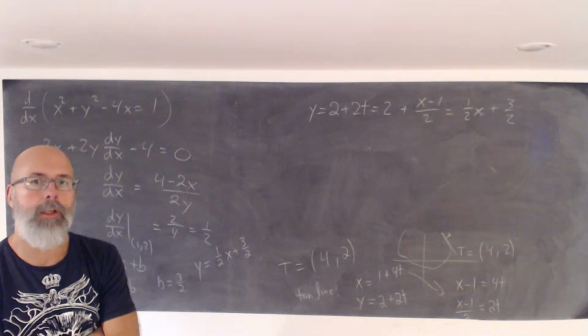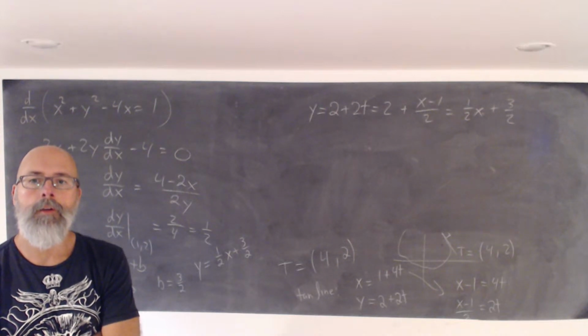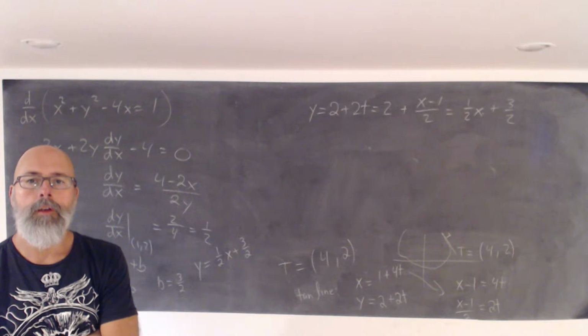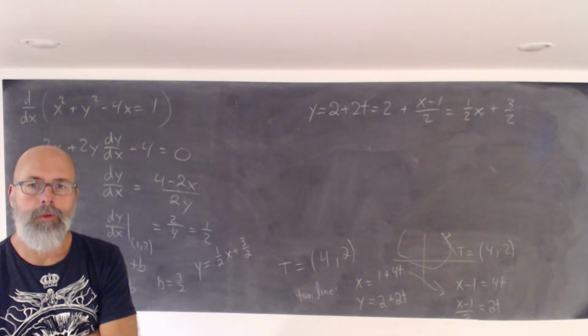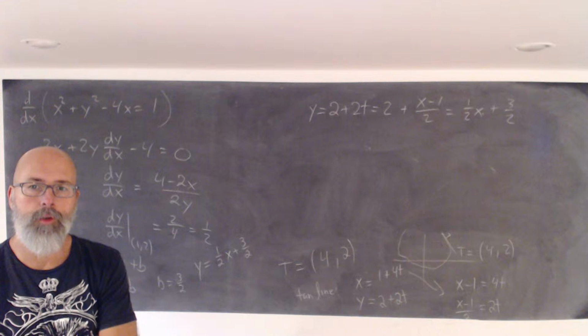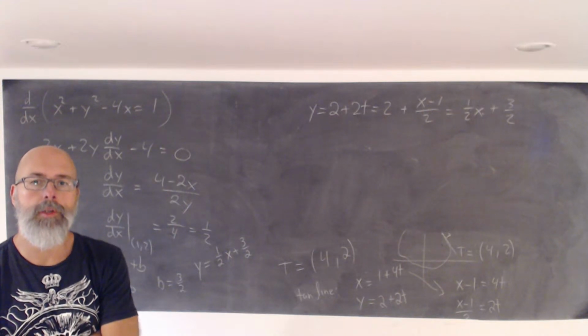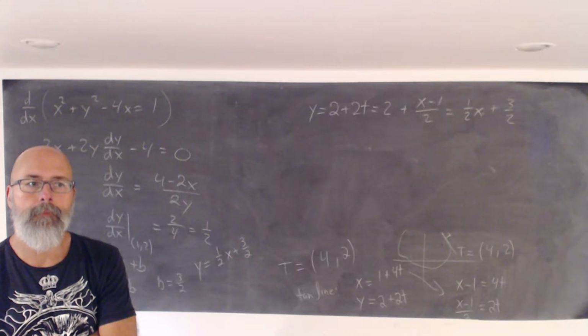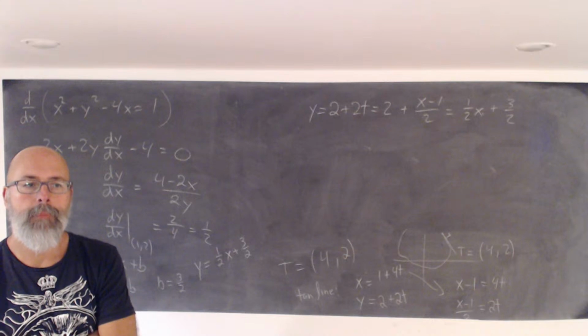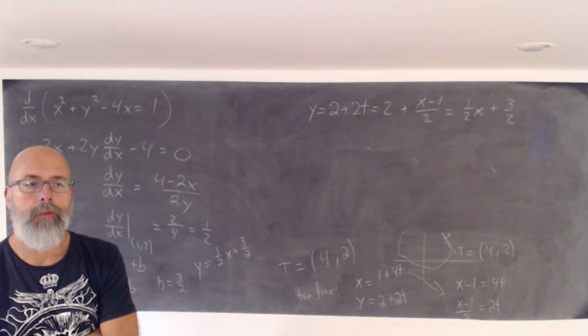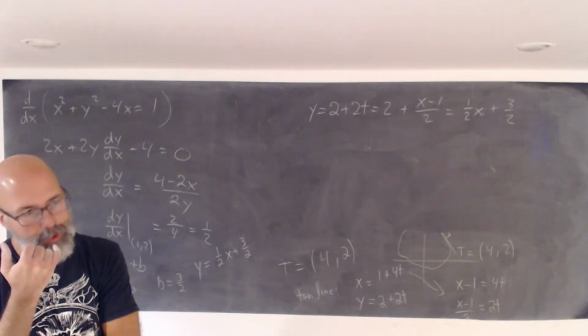Yishen is asking, are tangent lines of any level curves passing through the same point? Are they always the same? There are some issues with that.